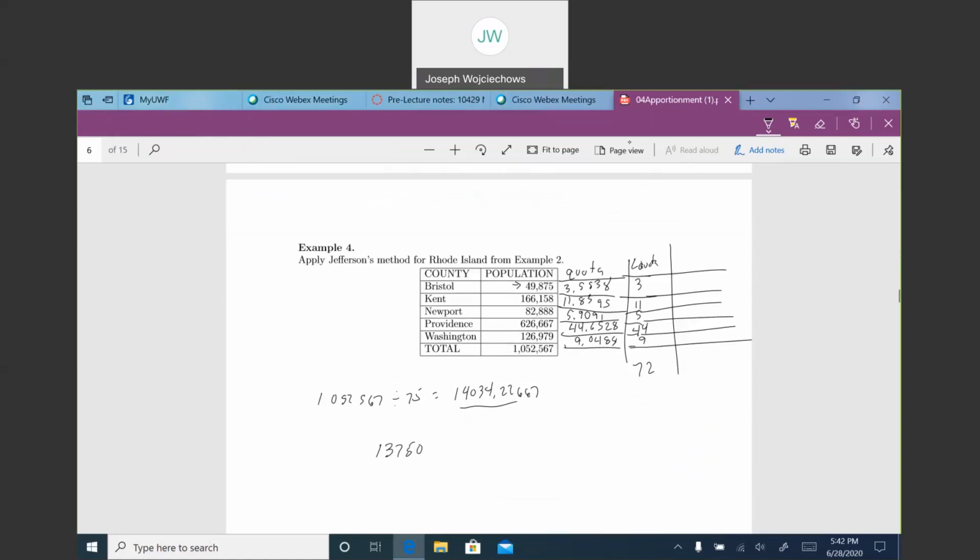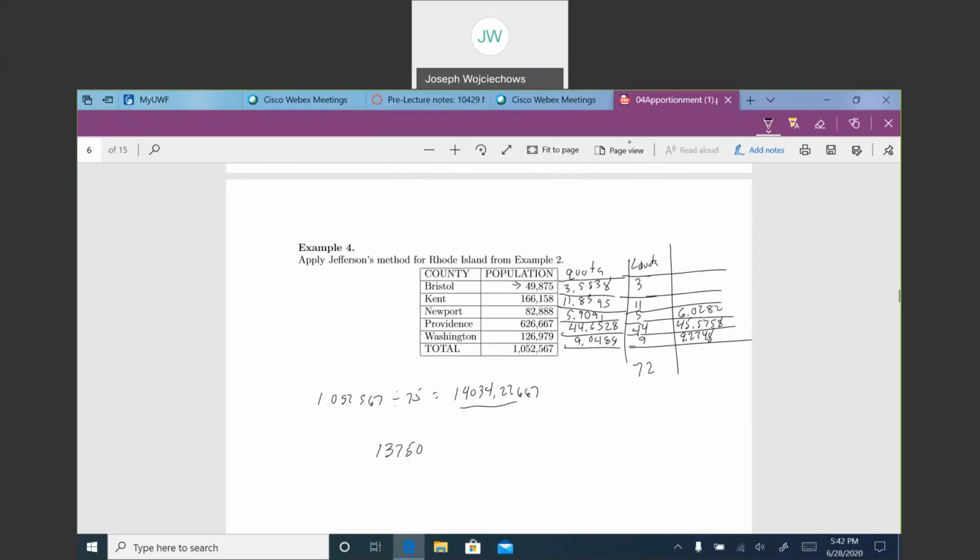And let's start at the bottom here. I get a new quota of 9.2348 here. And here I get 45.5758. And here I get 6.0282.